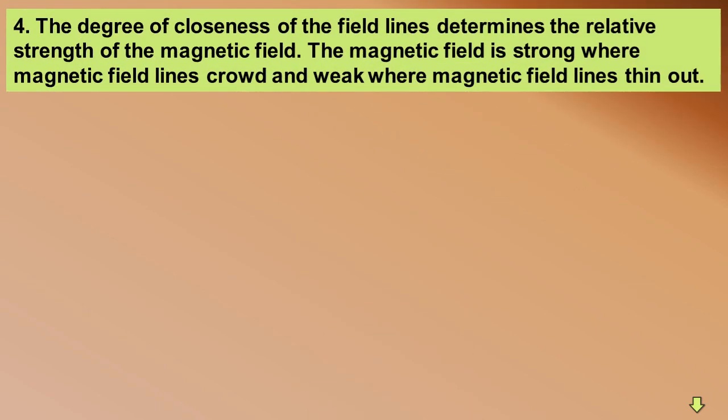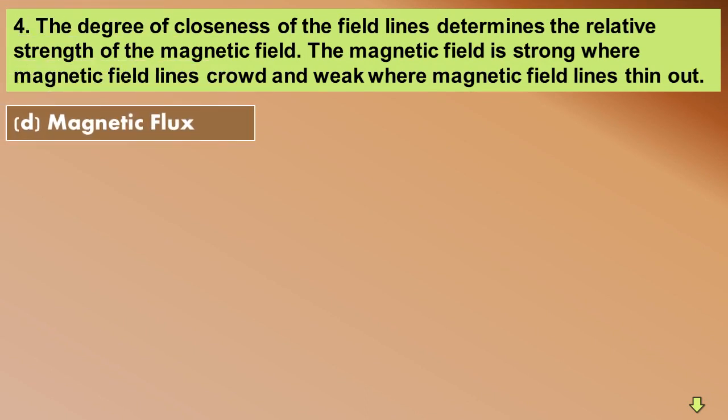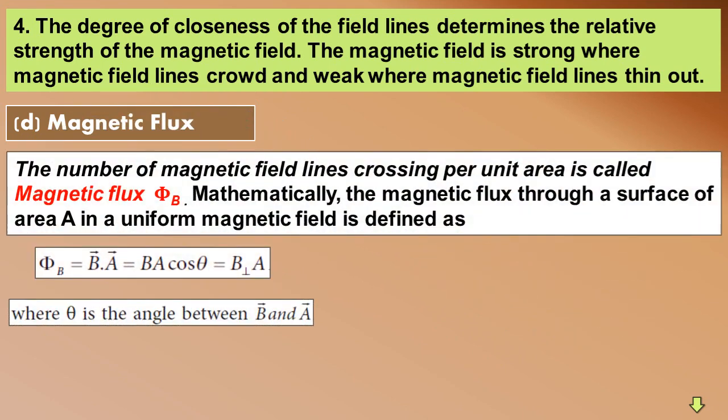The fourth point, the degree of closeness of field lines determines the relative strength of the magnetic field. The magnetic field is strong where the field lines crowd and weak where the field lines thin out.